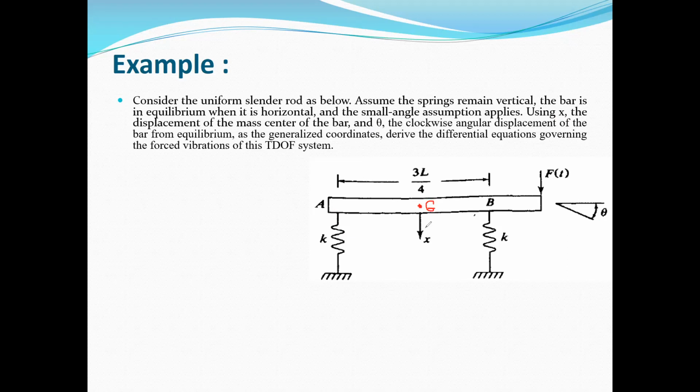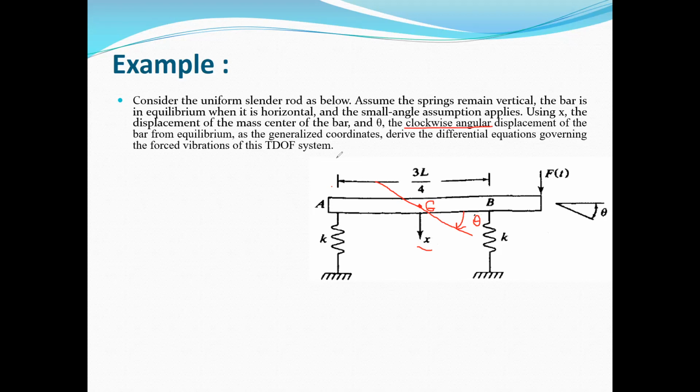When it's translating in the x direction, it will have some rotation about the mass center, which we call theta. And the positive direction of this theta is clockwise. So this is called theta, and x is the translational degree of freedom.